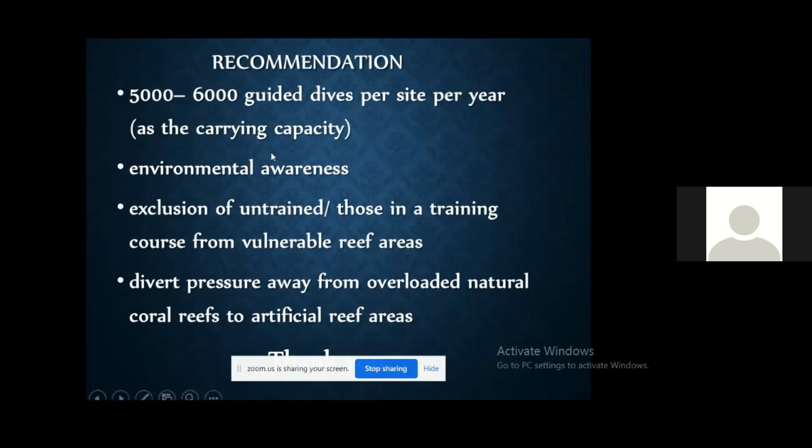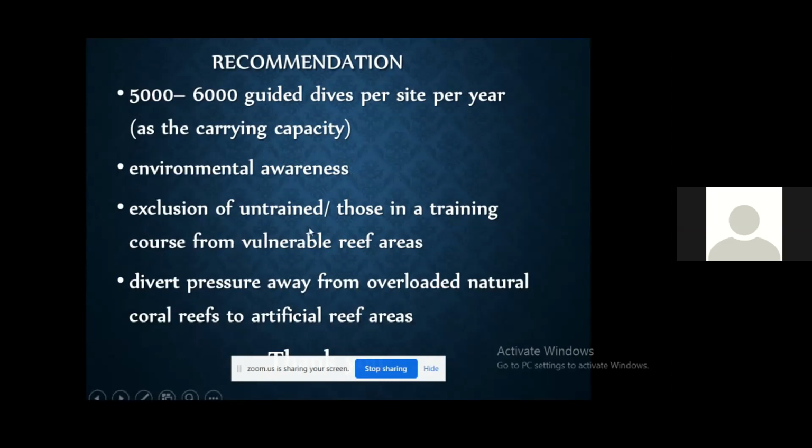Also, environmental awareness, probably in the form of a short briefing before the diving activities, enlightening people more about the damages to coral reefs, and also excluding untrained divers and those in the first stage of learning diving.